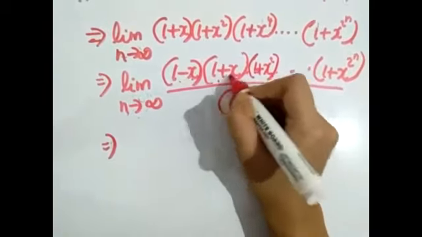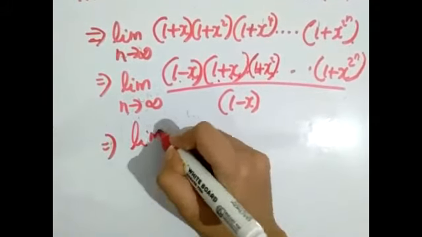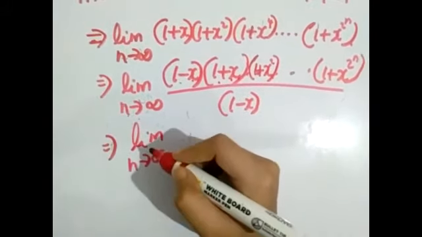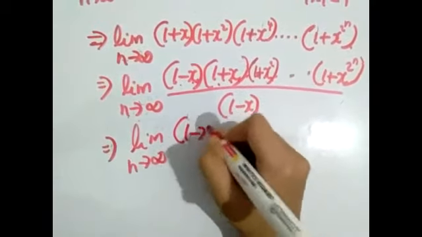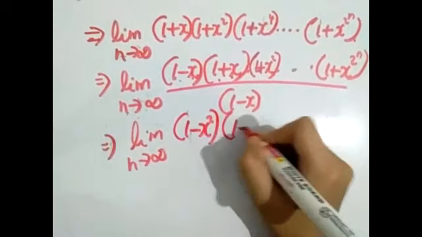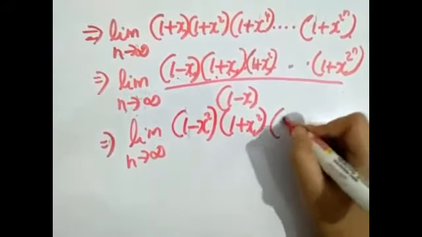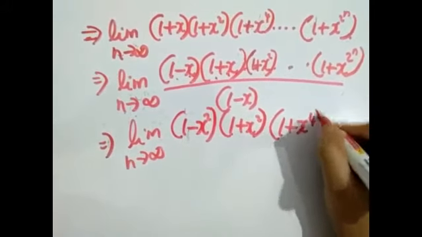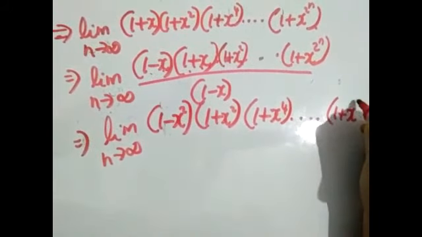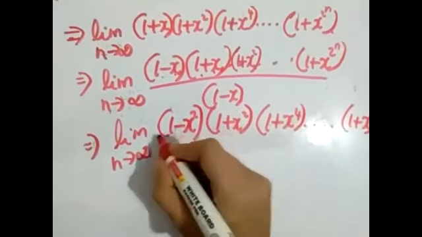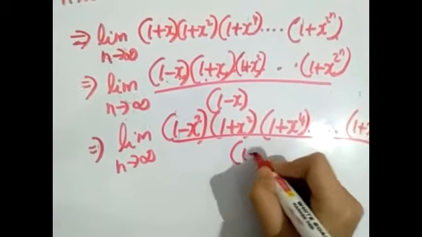So 1 minus x and 1 plus x, I'll get 1 minus x square. Then 1 minus x square, 1 plus x square. Next I have 1 plus x raised to 4 up to 1 plus x raised to 2 raised to n, divided by 1 minus x.